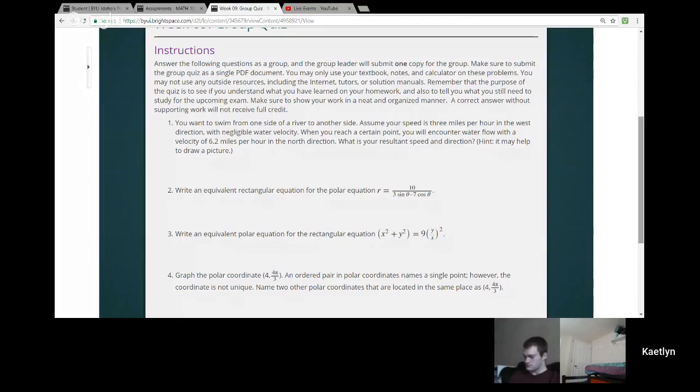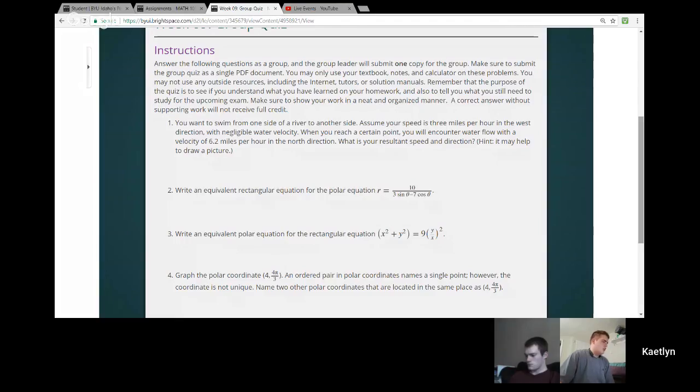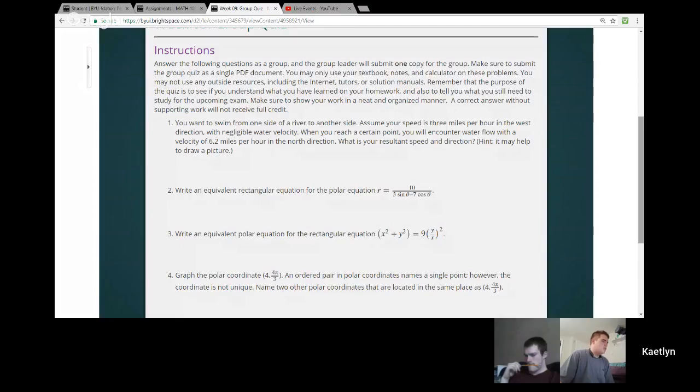It would be negative 7x plus 5. But then we have to put the 3 in there. Sorry about that. So wait. I don't know if it would be 7.6.